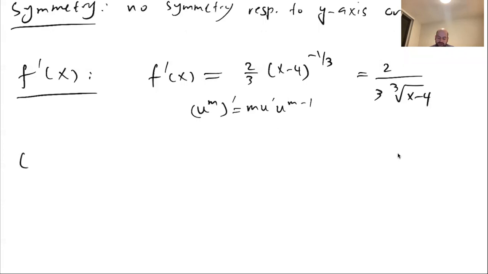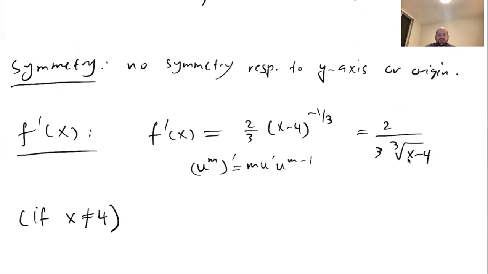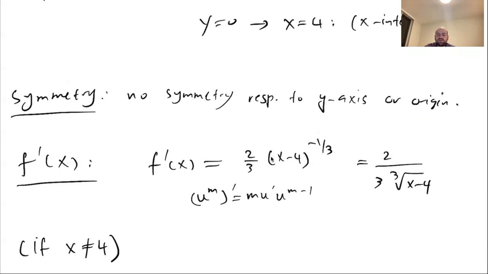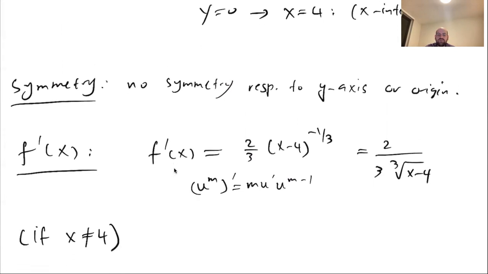But this is of course valid if x is not equal to 4, because if x equals 4, the denominator will be 0 and I cannot use this formula. So what happens at x equals 4? How much will be f prime of 4?